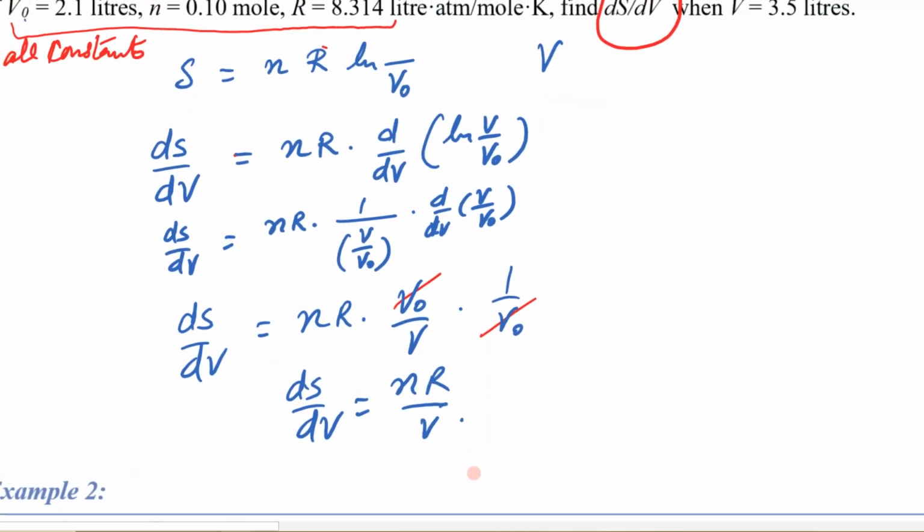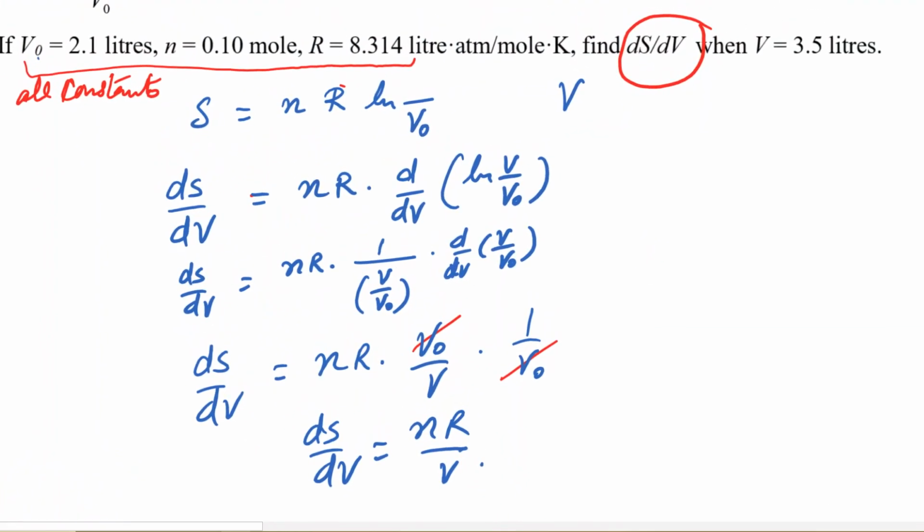But we want it when V is 3.5 liters. So just plug in the values. So this is our S prime. We want the value when V is 3.5 liters.